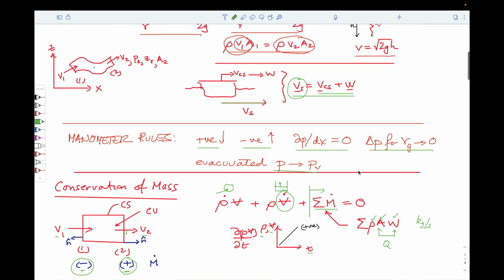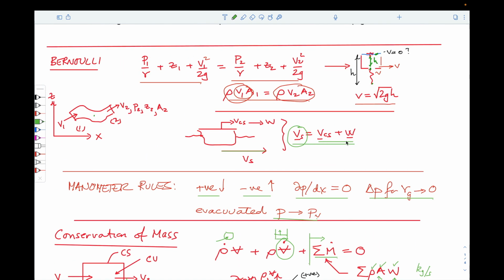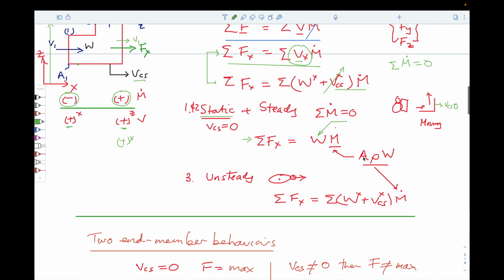We can just rewrite this in terms of the velocity W. So W is equal to static velocity minus the velocity of the control surface. So we can substitute this value in for this magnitude here. And if we do that, we are able to solve for these two conditions.